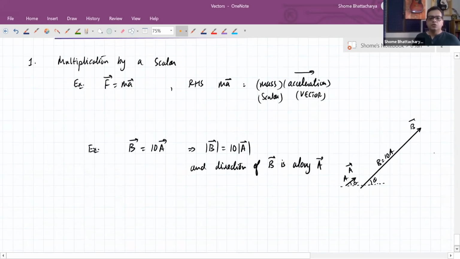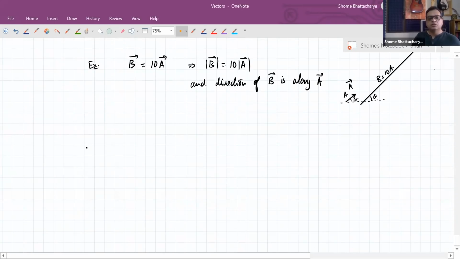Okay. Now, of course, you can also multiply a vector with a negative quantity. So suppose we have C is equal to minus 2A. So the negative sign here means that the direction becomes opposite.